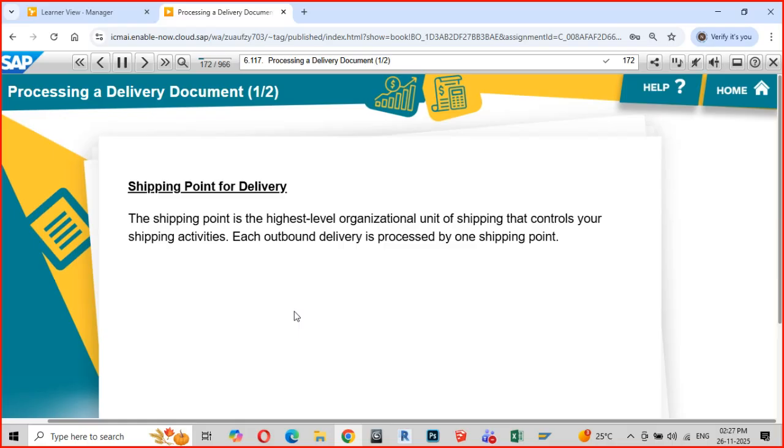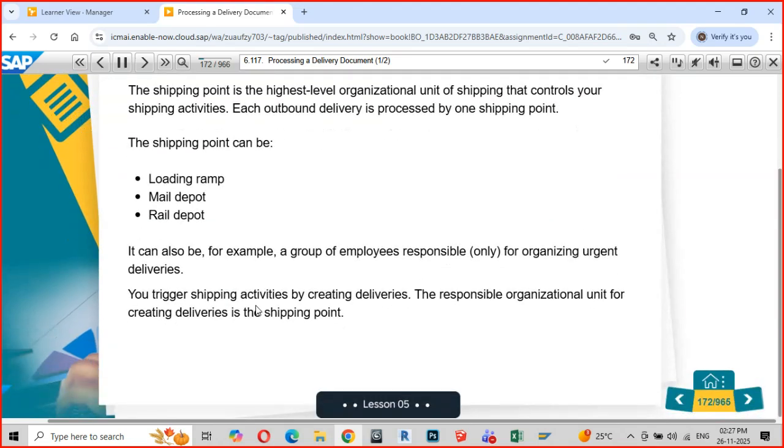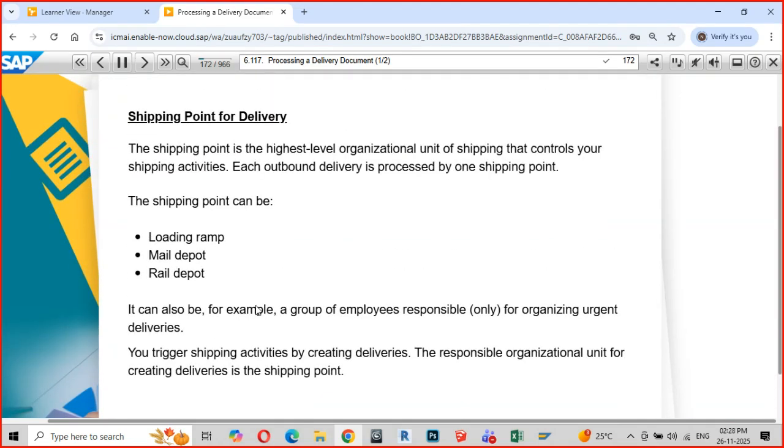Just a minute, students. So we have also been given a few examples of where you need to actually ship. Okay, where do you have to take it to be delivered?